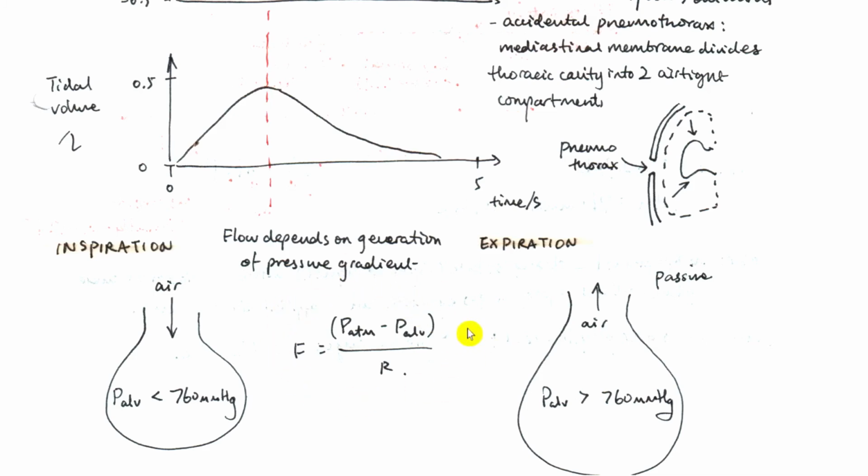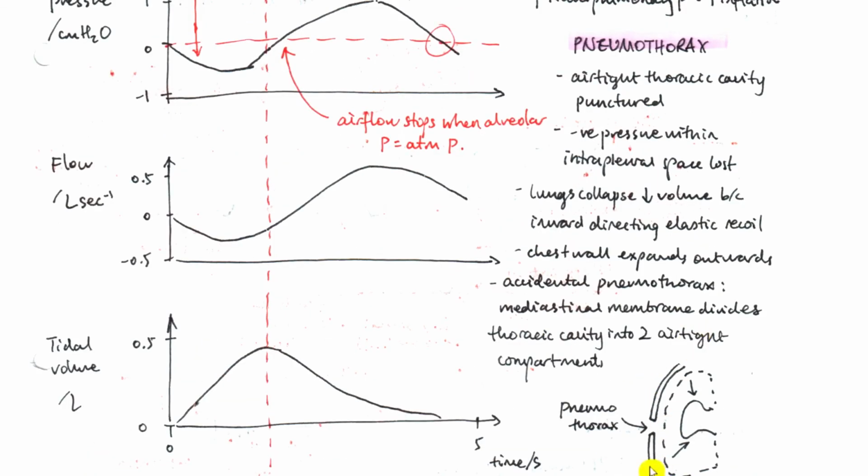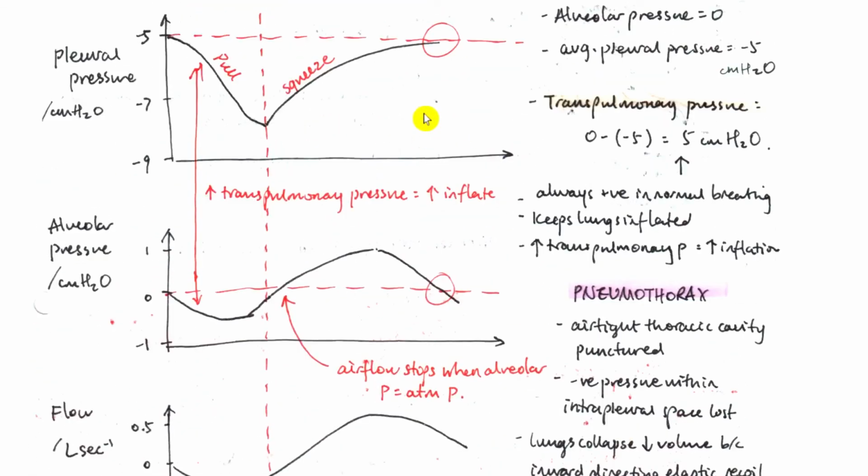Now flow, this is just another way of writing Darcy's law, but in the case of air and the lungs. So flow equals pressure of the atmosphere minus pressure of the alveoli divided by resistance. Flow depends on the generation of a pressure gradient, which is caused by the intrapleural pressure decreasing because the thoracic cavity expands.